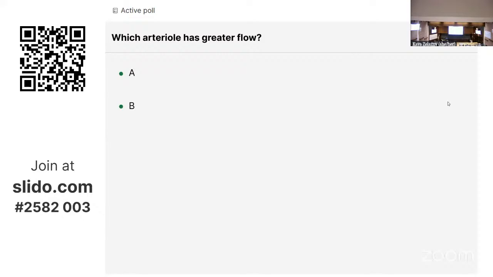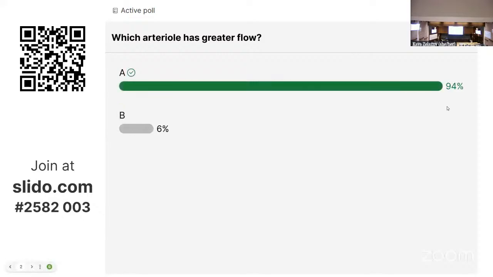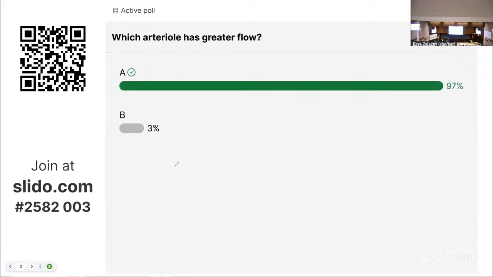All right, let's take a look. Okay, good. We're mostly together on this. Reminders for everybody: what we're thinking about for this problem are actually two relationships. Overall, we're thinking about flow, because we're asking which has greater flow, which has less flow.